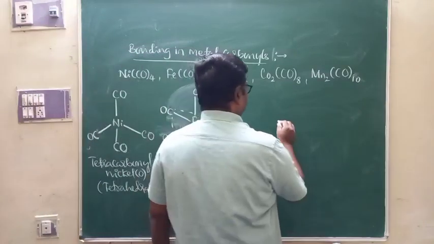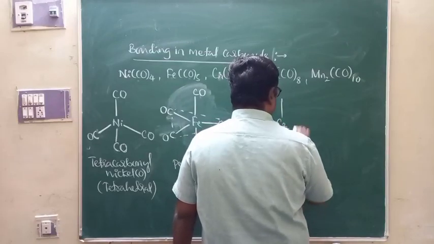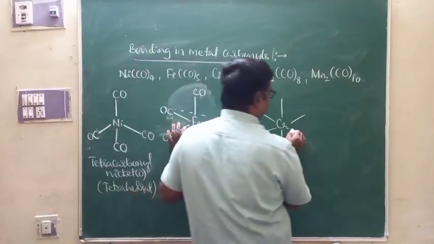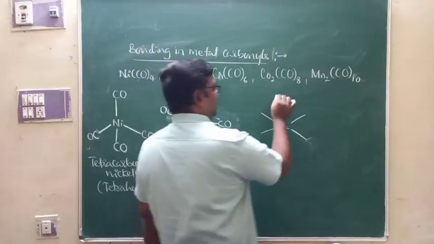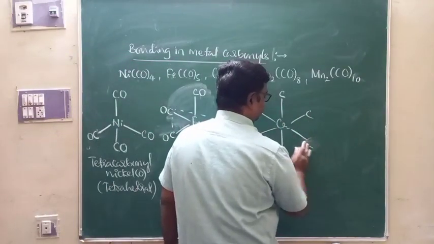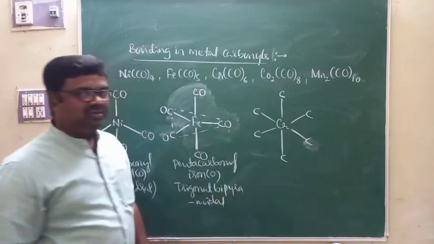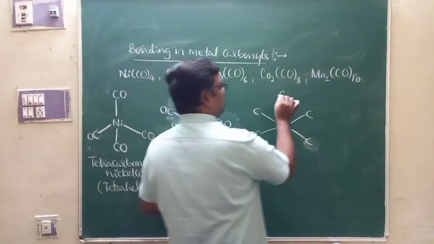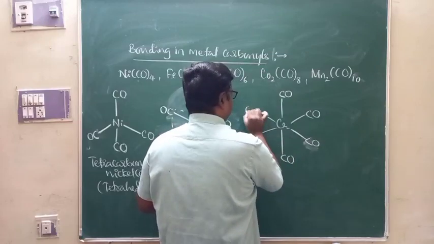In the case of the chromium complex, 6 carbon monoxide molecules are attached to the chromium through coordinate bonds. While writing the structure, you first write the carbon attached to the metal. There is no possibility of connecting oxygen to the metal. Next, distribute all 6 ligands in octahedral fashion.